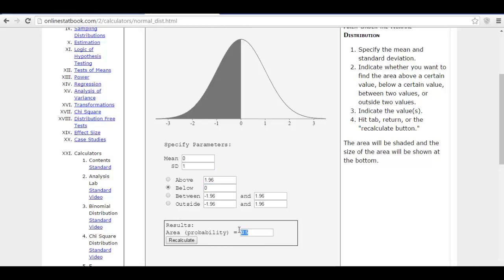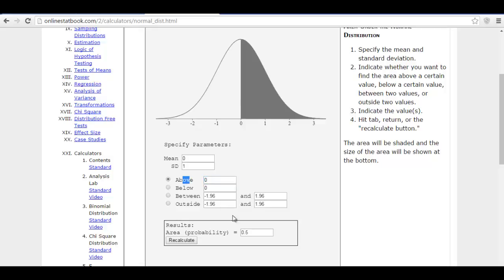And again, it's giving me 1/2. That makes sense. 0 standard deviations above or below the mean is right in the middle. It is the mean, and the area to the left of the mean in the normal curve is 50%. The area above 0 in the normal curve is also 50%.